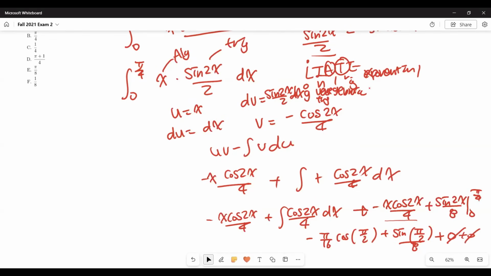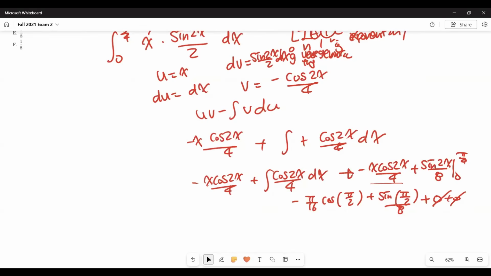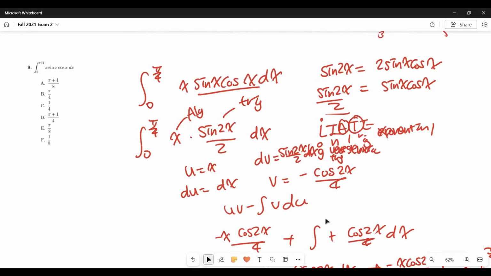You don't have to worry about it, so it's just this part, right? Cosine pi over 2 is 0, so this cancels out. Sine pi over 2 is just 1. So this thing just becomes 1 over 8. So the answer for this question is F.